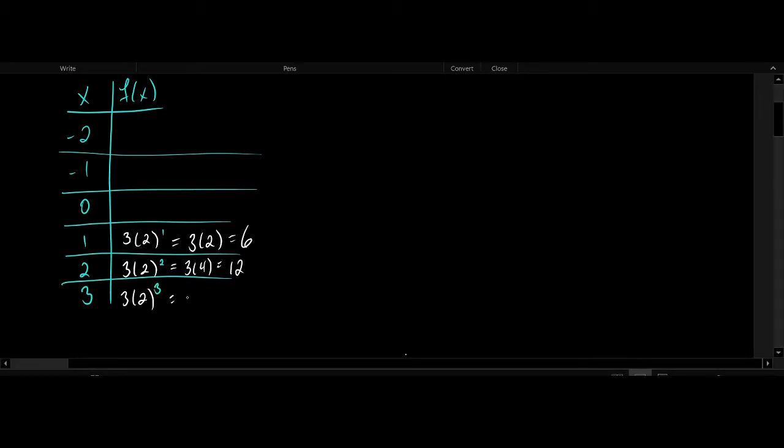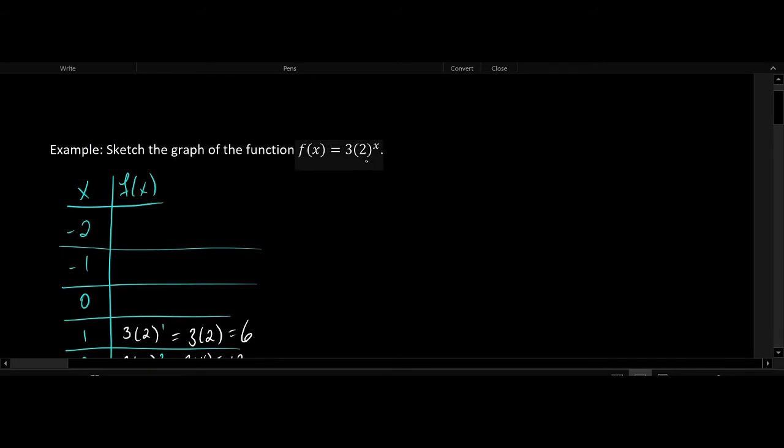So this will be equal to 3 times 8, which is equal to 24. And this makes sense based on what we're seeing so far, because every time we increase the x value by 1 unit, the outputs get doubled, get multiplied by the base of 2.